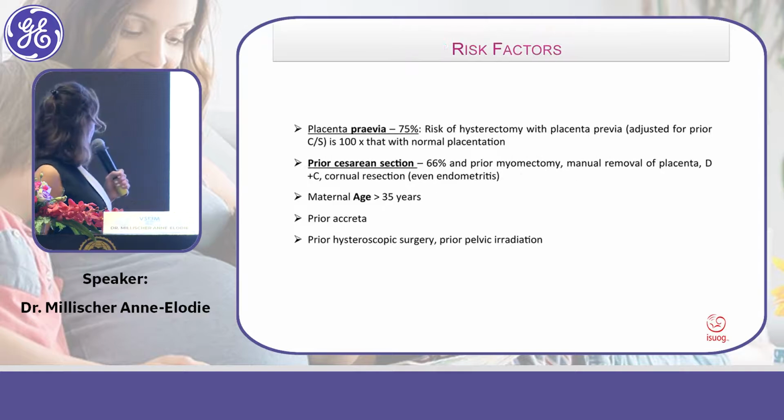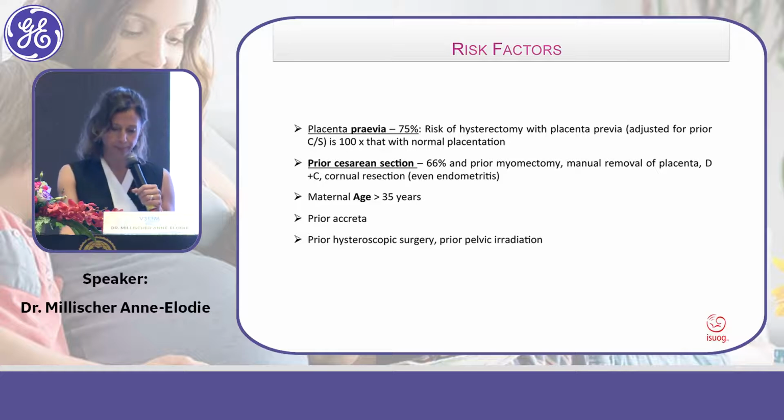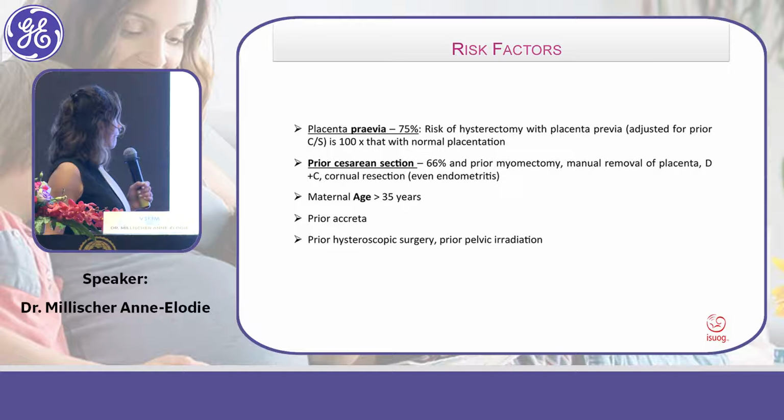Obviously, the presence of prior accreta or prior hysteroscopic surgery will be another risk factor for placenta accreta, for morbidly adherent. Cái yếu tố nguy cơ khác đó là tuổi mẹ lớn hơn 35 và có tiền căn nhau cài thể accreta, hoặc là có tiền căn phẫu thuật nội soi tử cung, hoặc là xạ trị vùng chậu trước đó.